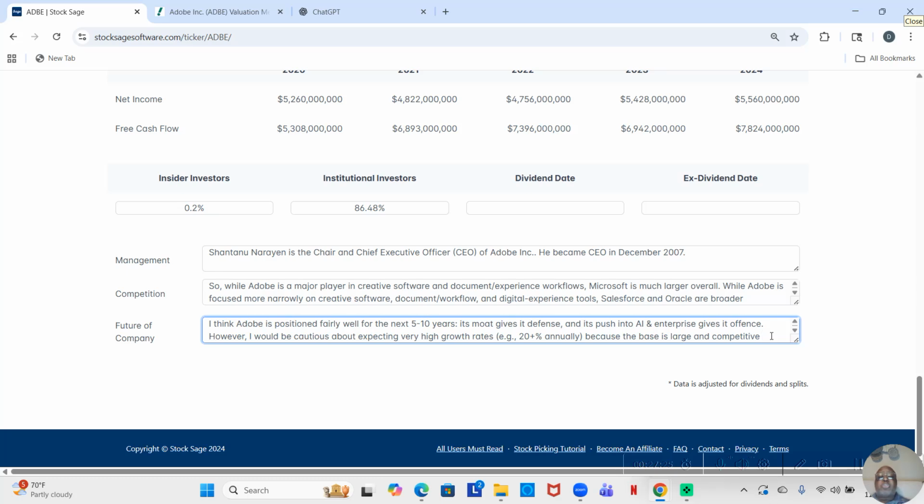However, I will be cautious about expecting very high growth rates, for example, 20% annually, because the base is large and competitive pressure is real. A more moderate growth scenario, say mid teens or low teens percentage, seems realistic.